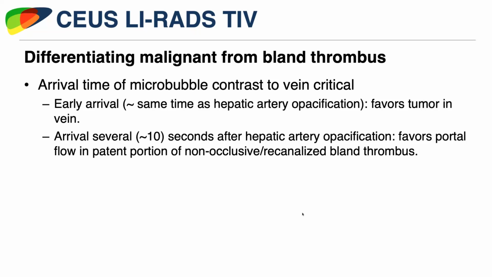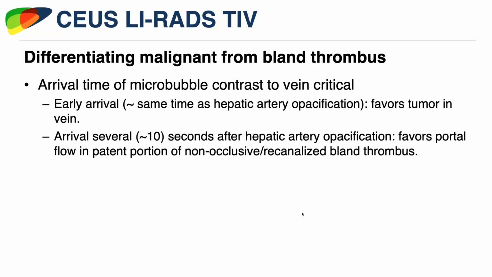So obviously we're looking for enhancement of that thrombus, usually around the time of the hepatic artery opacification. We don't expect to see bubbles in the portal vein at the time we're seeing enhancement of the artery.